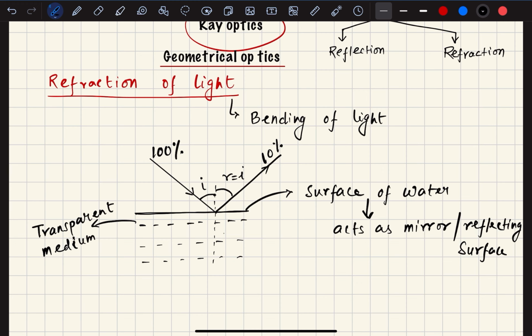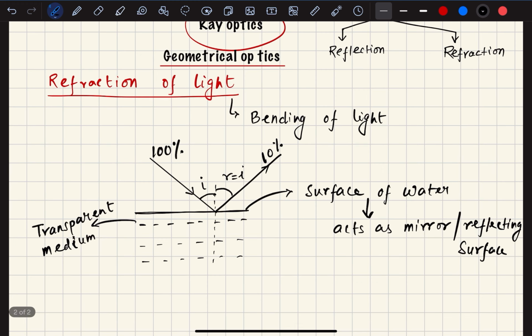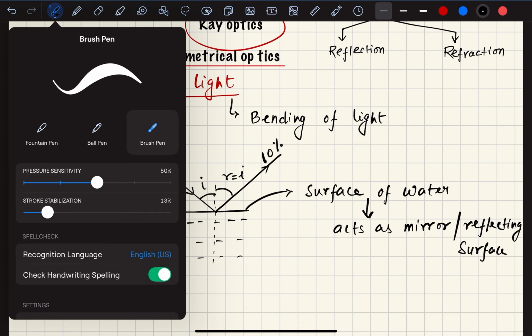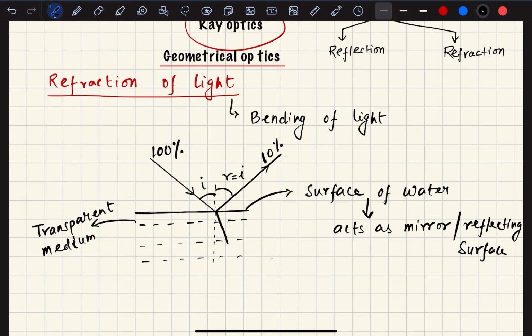So definitely a lot of light is going to go inside the water. Okay, so this ray is called the refracted ray.